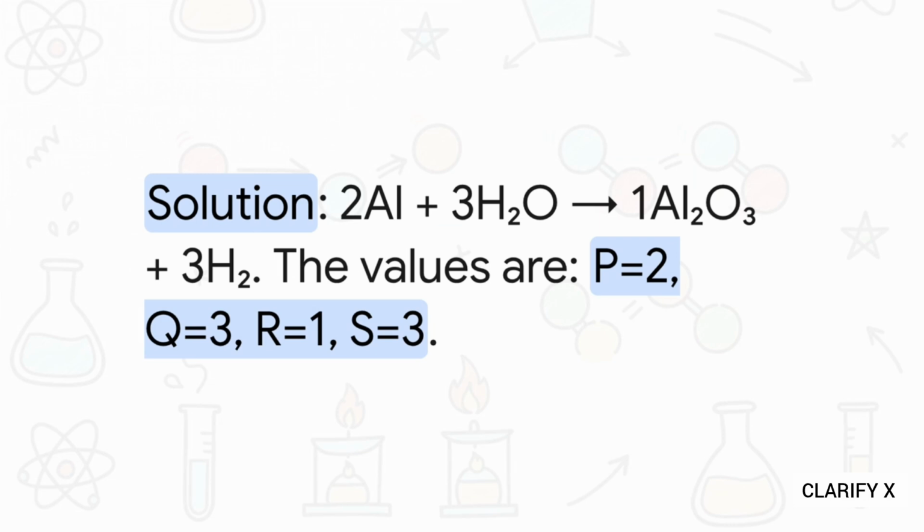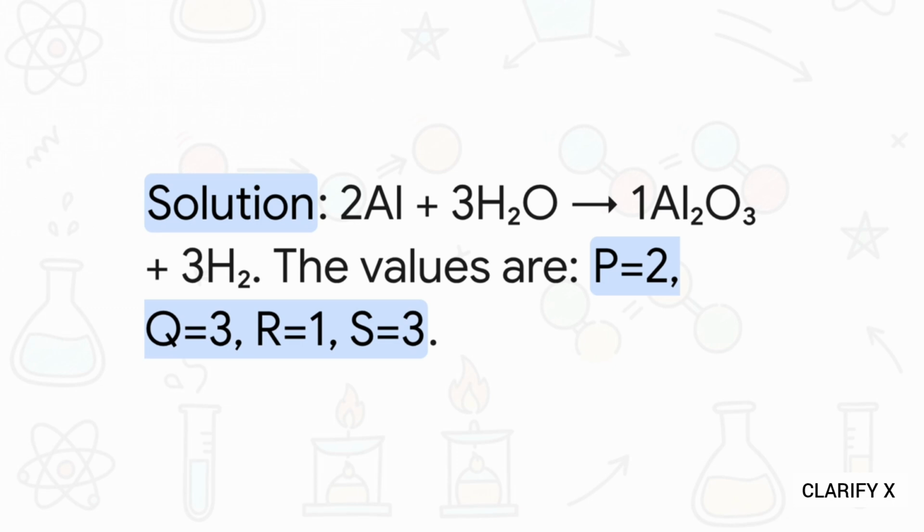Step 1, metal. That's aluminum. We've got 2 aluminums on the right, so we need 2 on the left. So P equals 2. Done. Step 2, nonmetals. None here. Skip. Step 3, oxygen. We've got 3 oxygens on the right. To get 3 on the left, we've got to put a 3 in front of the H2O, so Q equals 3. Almost there. Step 4, hydrogen.